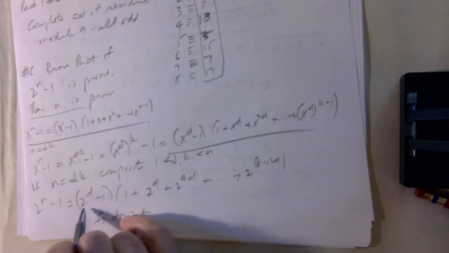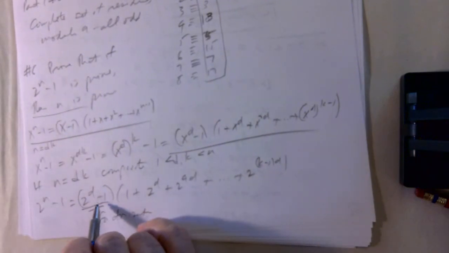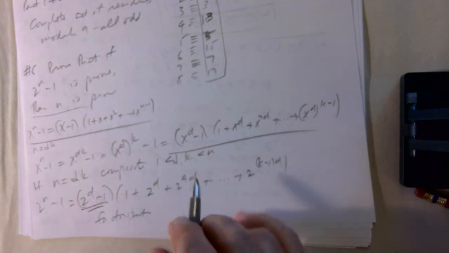And this is a factorization. Because 2 to the d minus 1 is bigger than 1 and less than this, so it's not prime.